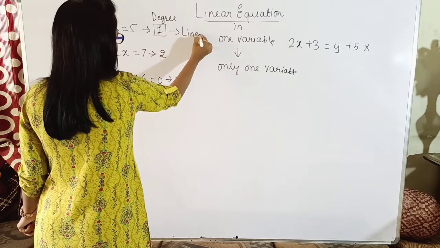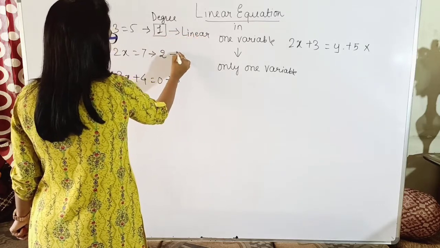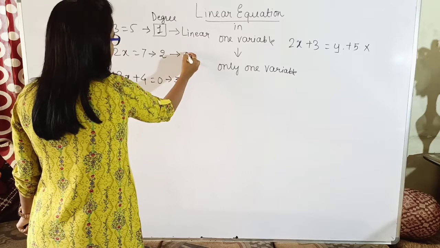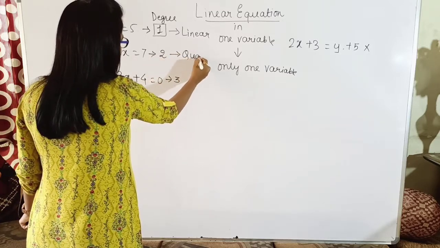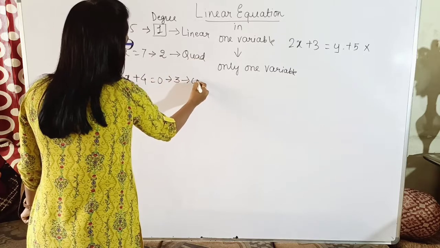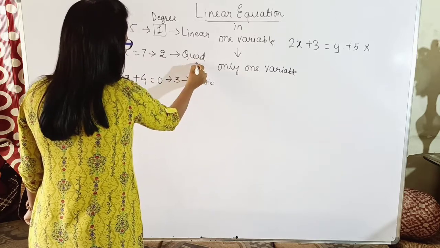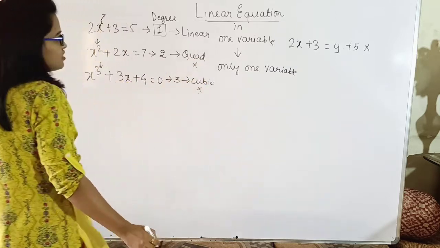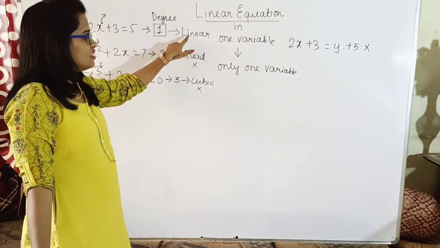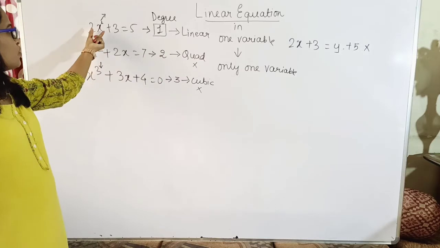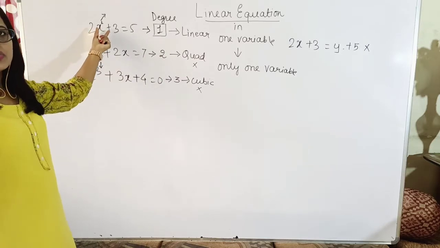If the degree of the variable is other than 1, they are not linear. They have different names. For example, this is called a quadratic equation, whereas this is called cubic. But you are not supposed to remember their names. Just understand that a linear equation is an equation in which the power of the variable has to be 1.